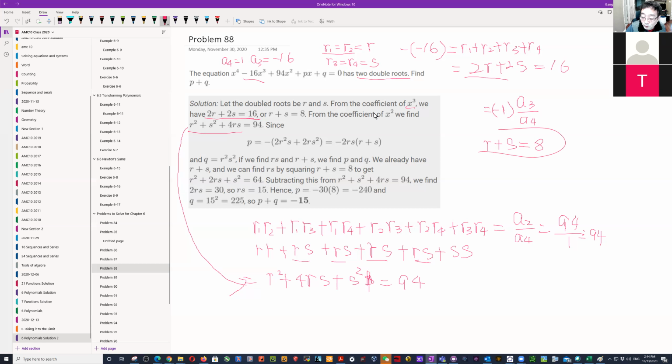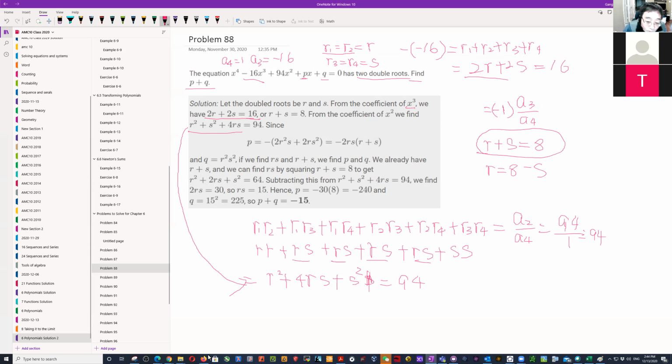Then we are able to solve, for example, for r: let's say r equals 8 minus s. Then we can plug that back in. Also, we're trying to find p plus q.